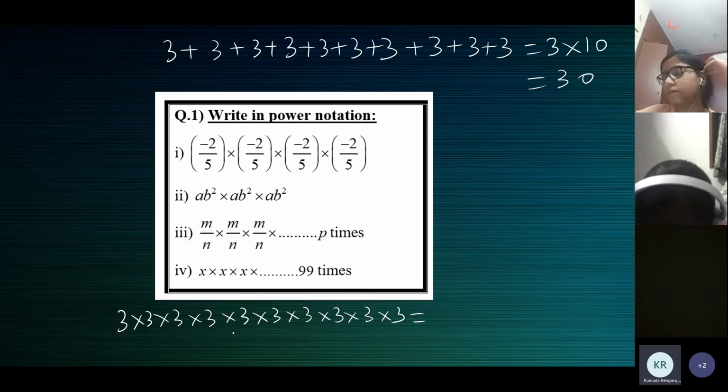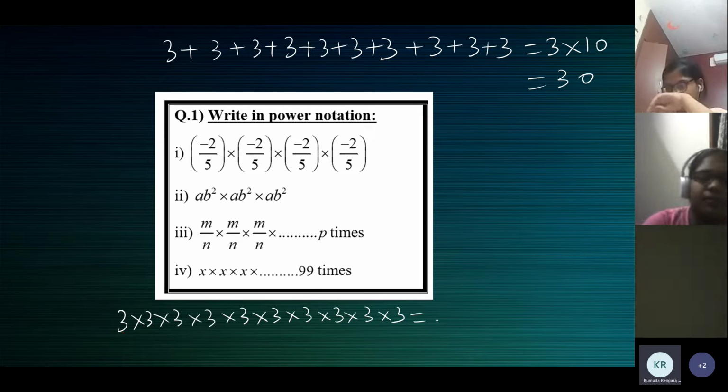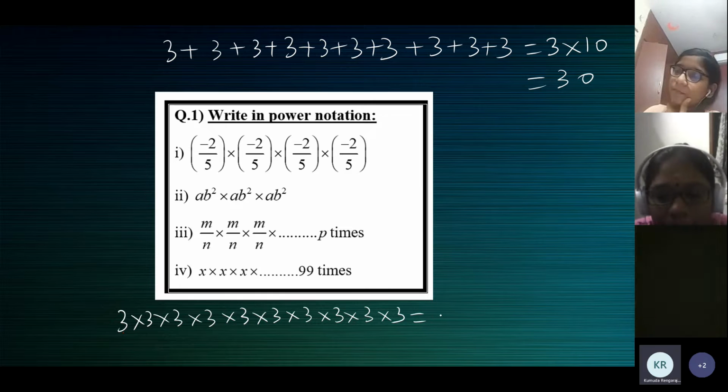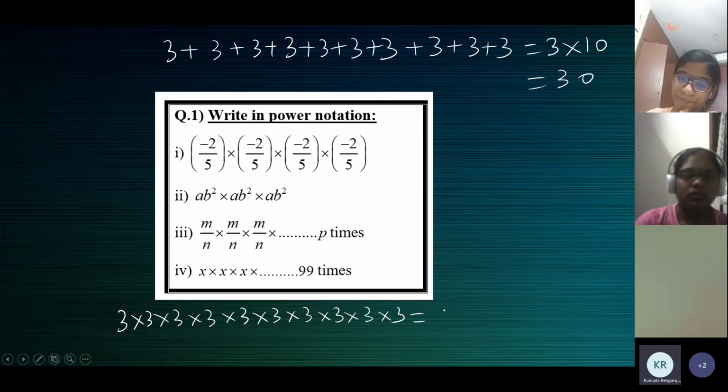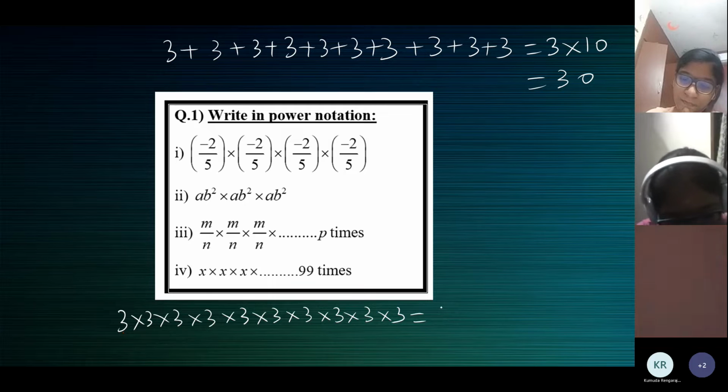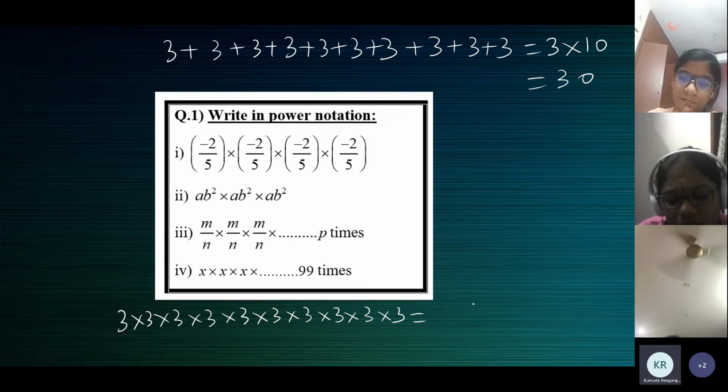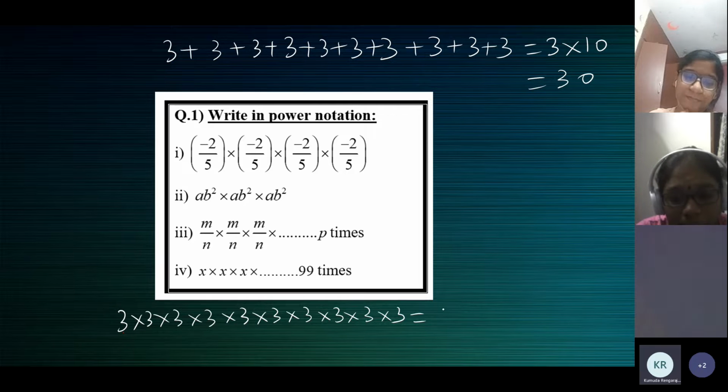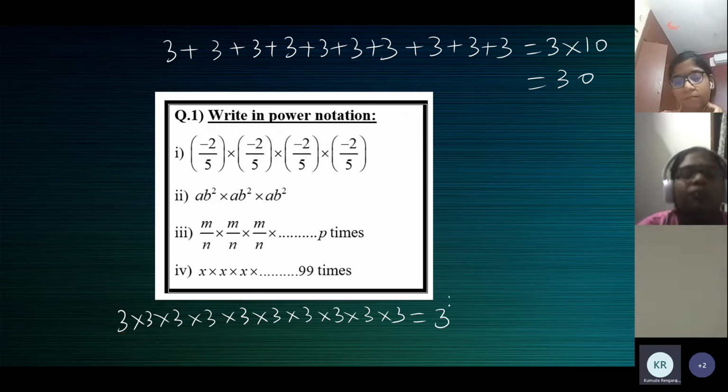This is repeated multiplication, written in the exponential form. So this is 3 multiplied with itself 10 times, which is 3 raised to the power 10.